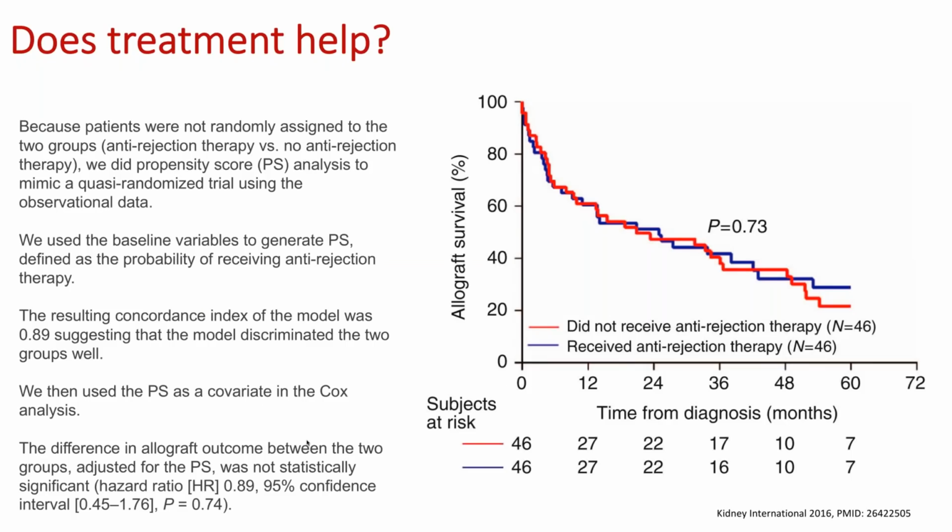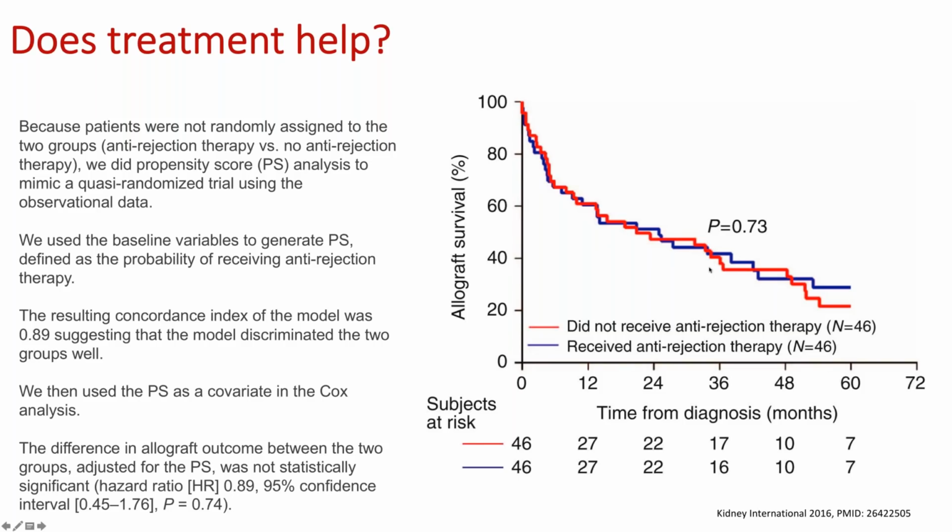So does treatment help? Our own study, though this was a retrospective analysis, did not find any difference with treatment. Of the 92 patients, 46 received some form of anti-rejection therapy, and the other 46 did not receive any anti-rejection therapy. There was no difference in survival.